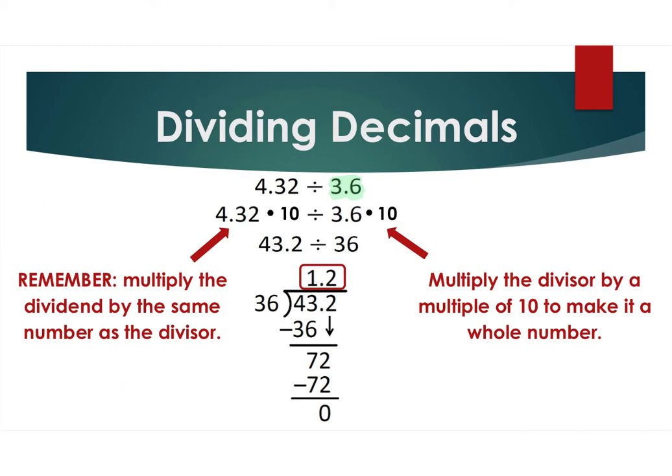When I do that, I also have to multiply the dividend, or the other number, by 10 as well. So I end up with 43.2 divided by 36.